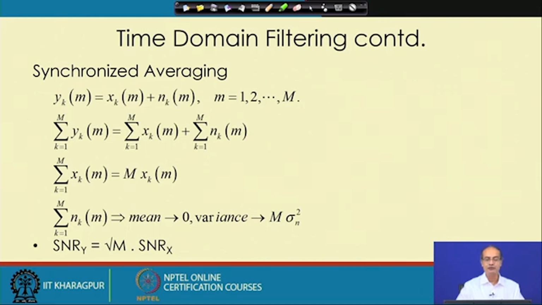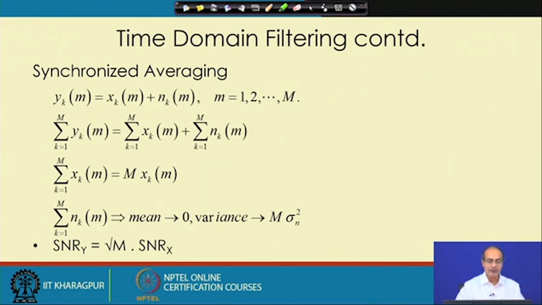So, in this case, if we have multiple ensembles of that signal, that means multiple examples of that signal, we use the index k to denote that ensemble, and m is keeping the time index.